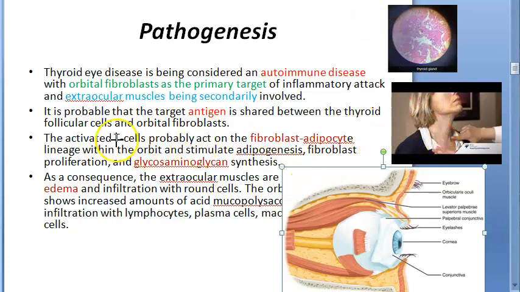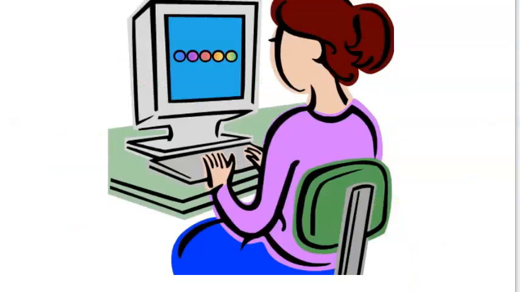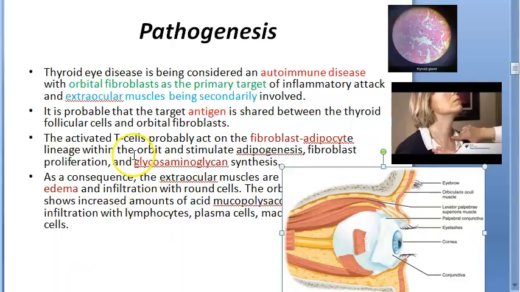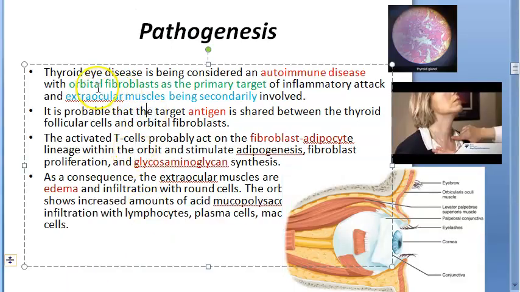Okay, guys, we are looking at the pathogenesis of thyroid eye disease. What did we see so far? There is some antibody which is attacking the orbital fibroblast. Initially it's attacking the orbital fibroblast, and secondarily it is attacking the extraocular muscles. But the same antibody seems to be attacking the thyroid. So thyroid and eye both are being attacked by this antibody.